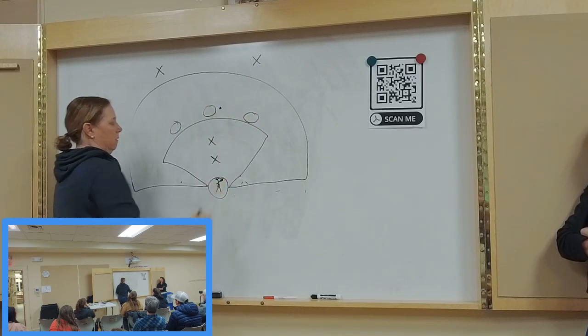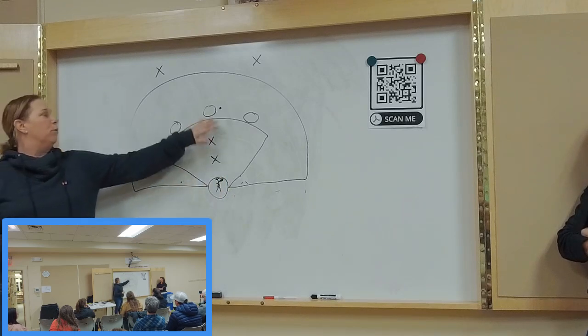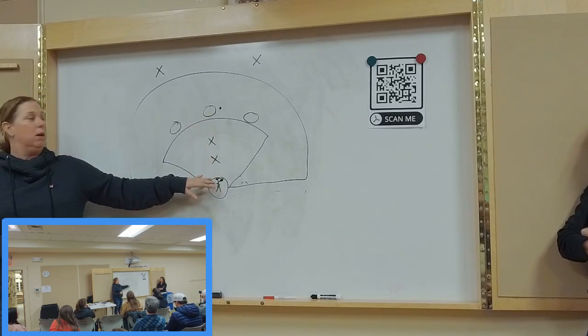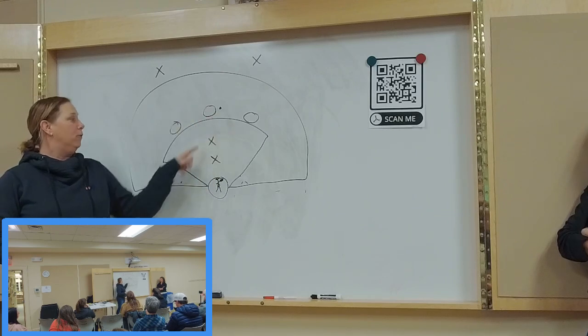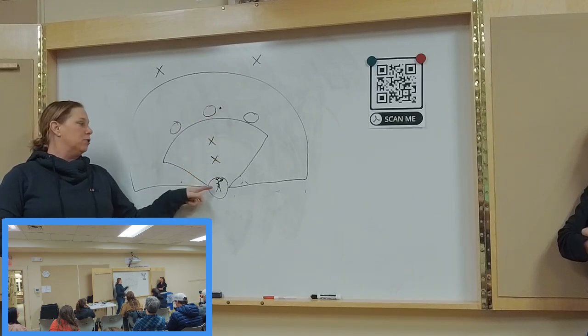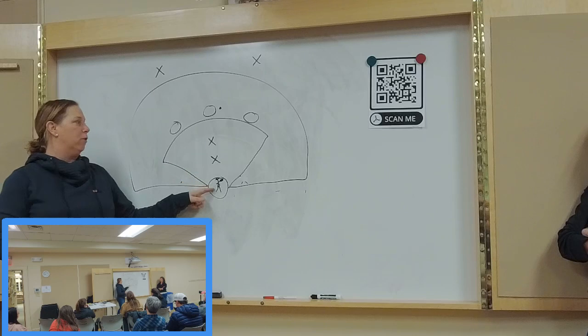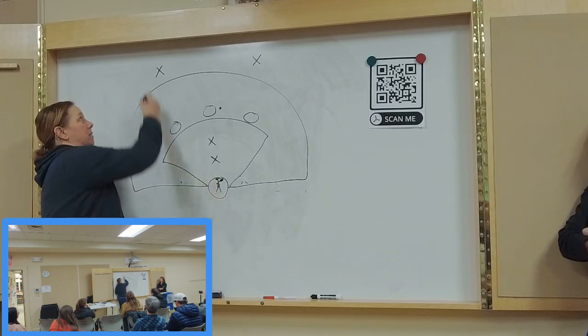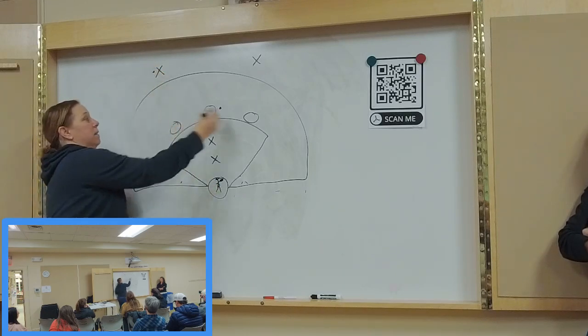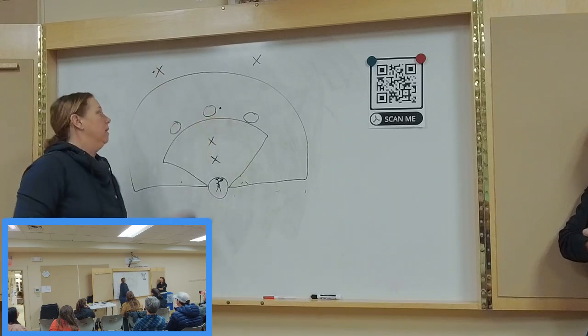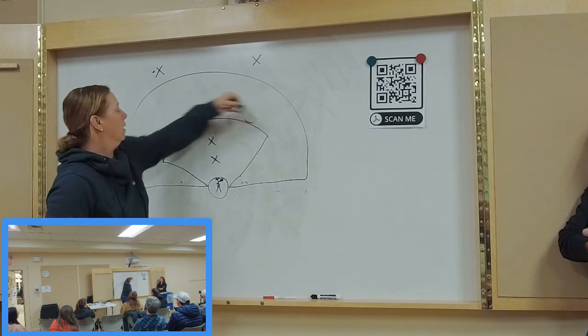Another big stick, all right. So 3v2 into a 4v3. You play out the 3v2. If there's a shot, a goal, a turnover, whatever, the goalie passes up high, and these guys flip-flop immediately, and it becomes a 4v3.